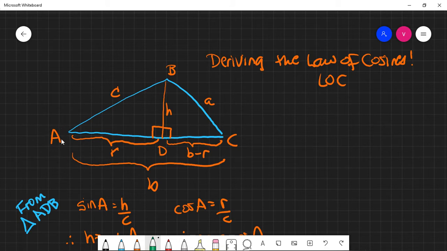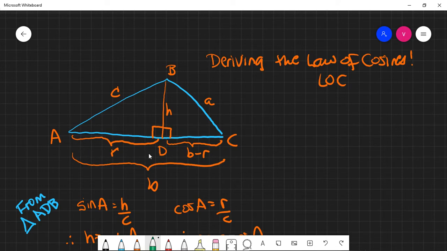Again, remember the sides are named whatever the angle is, the side opposite is, like for angle A, the side opposite is a. For angle B, the side opposite is b. And for angle C, the side opposite is c. We now have two right triangles. I'm naming this part from A to D, I'm just calling that r.